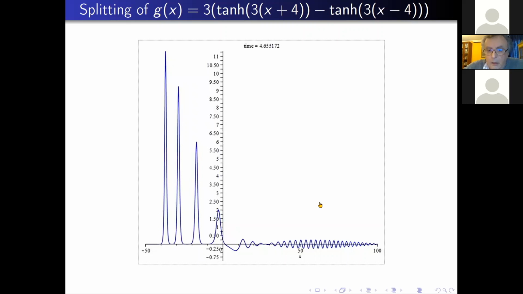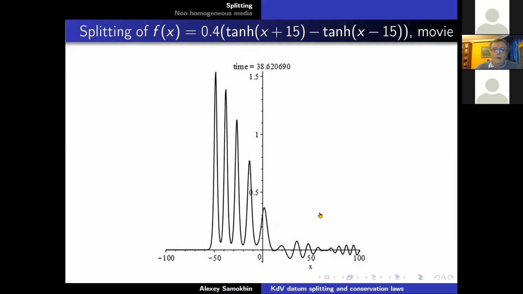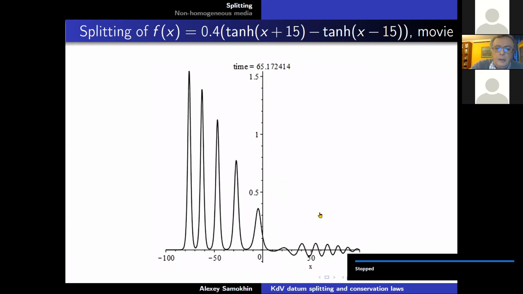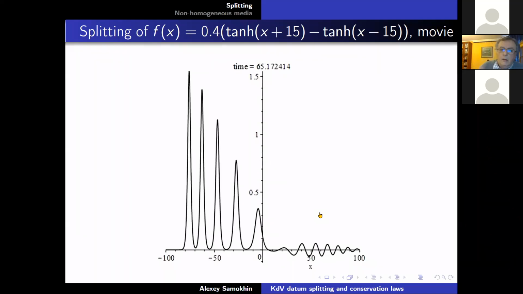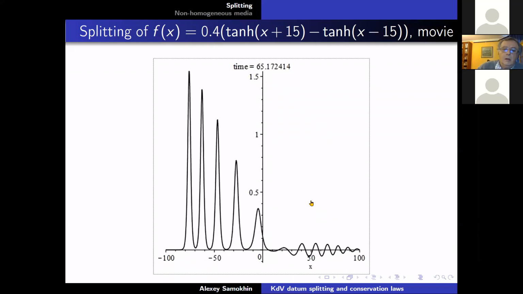And this is 5 splitting. And once again. Well, how to predict this result? Let's proceed and see.